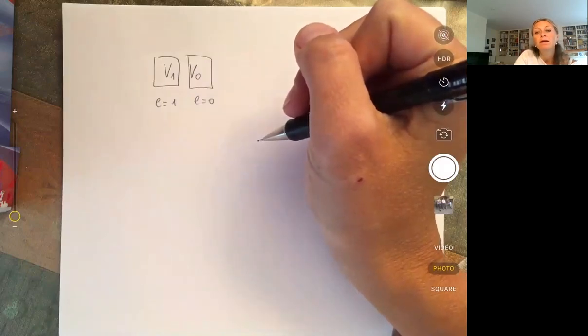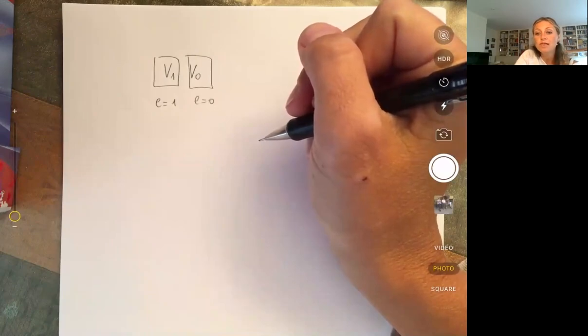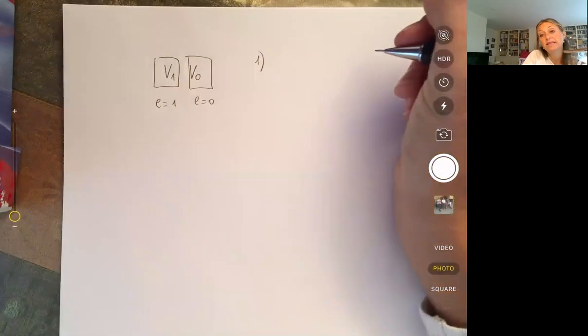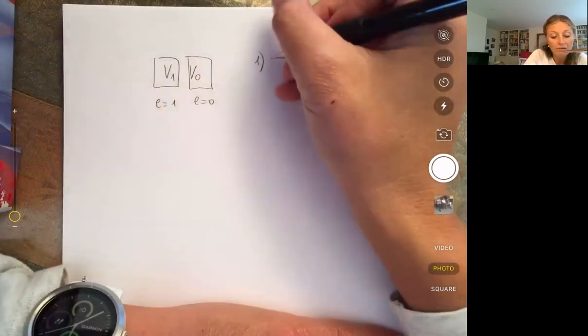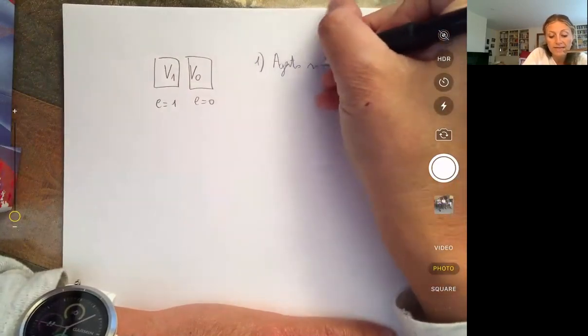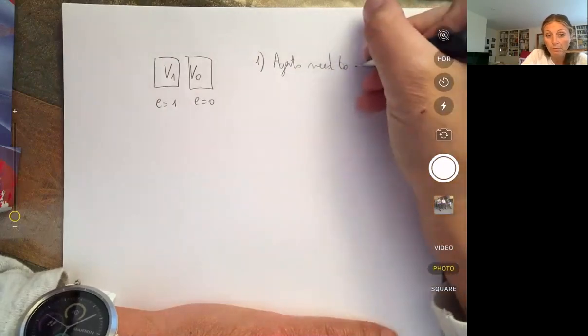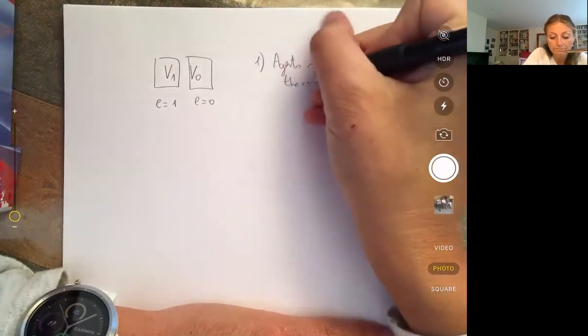Now, the problem that the principal has, as we anticipated last week, is to find an incentive feasible contract which induces a positive effort and ensures the agent's participation. The two elements, in fact, that the principal must ensure, as we have seen in the timeline, are, first of all, that the agent needs to accept the contract.